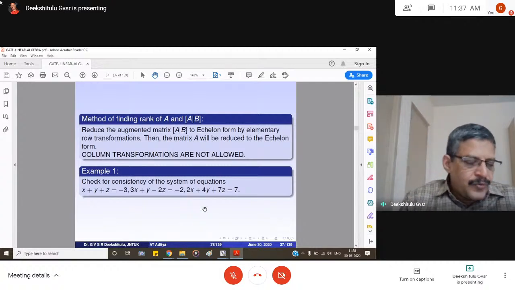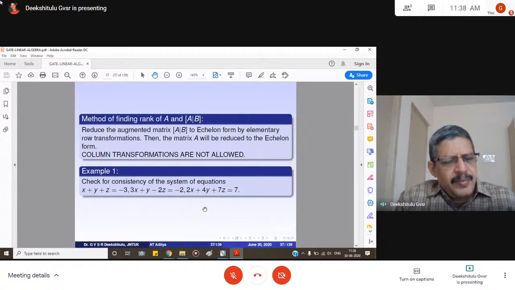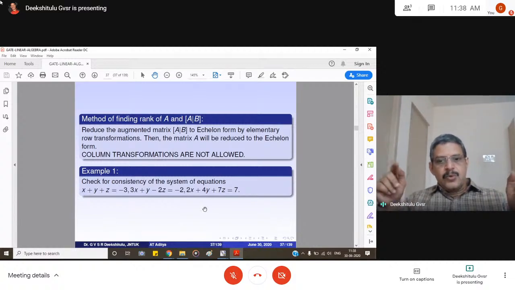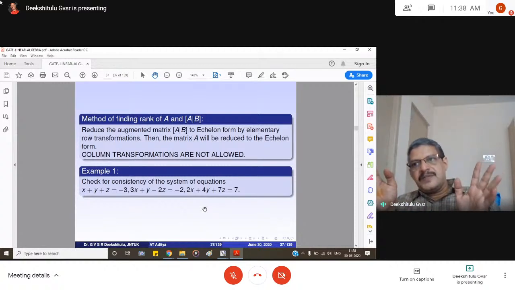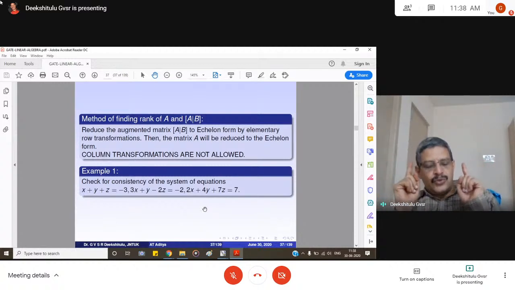Mind you, to find the rank of a matrix in any problem, you can use row and column transformations. But when you want to apply this to a system of equations, you cannot apply column transformations. Only row transformations are allowed. While dealing with systems of equations, you should not use column transformations.